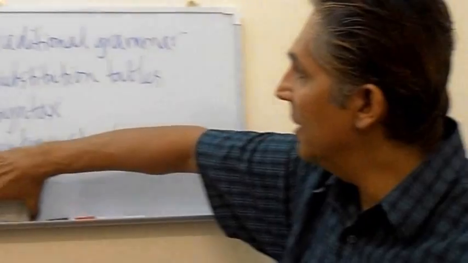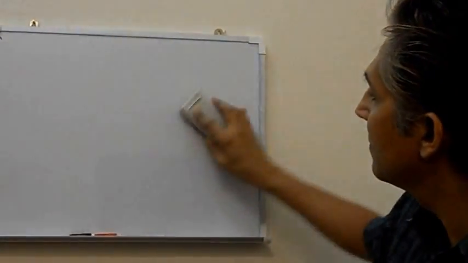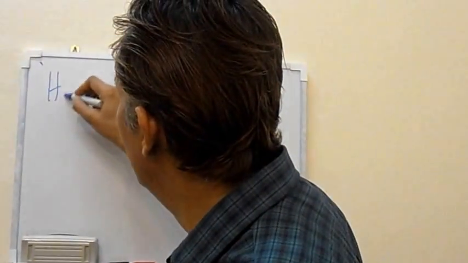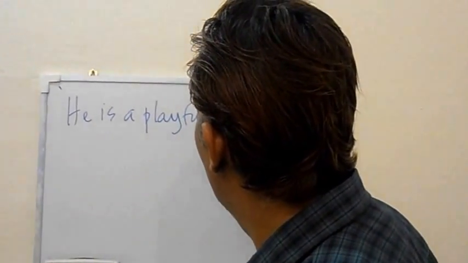Now, sentence structures are very important because when we write an essay or any sort of report, we are writing sentences. Now, let me explain to you further about syntax. Let's take an example of the sentence. He is a playful boy.